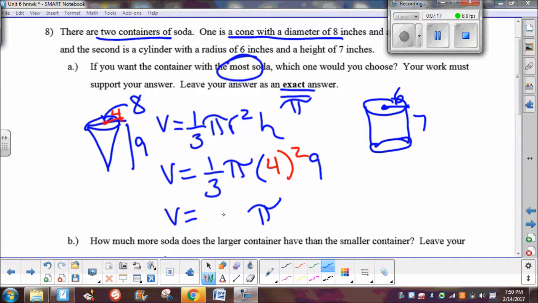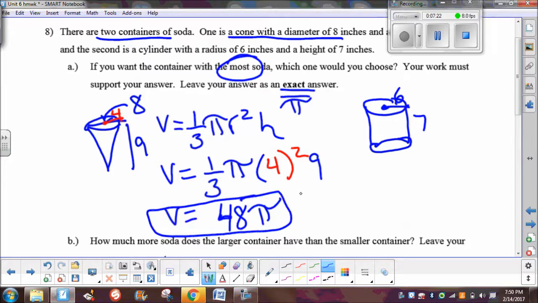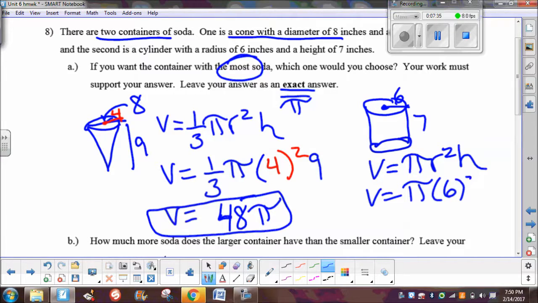So that one is 48 pi, and then the cylinder, we have pi r squared h. Volume equals pi 6 squared times 7. Again, it's exact. So go ahead and do that calculation. That one probably doesn't require a pause because that one's pretty quick. So that is 252 pi.